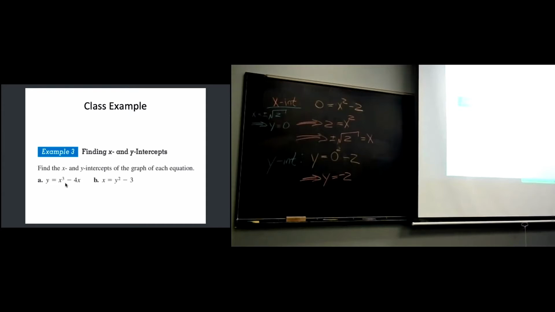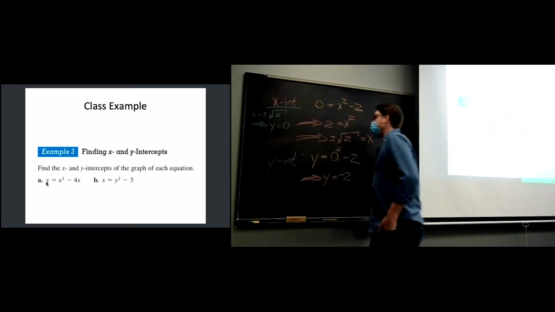So let's say we wanted to find the intercepts of A. How would we go about doing that? What are we going to do here? Okay, absolutely. Set x equal to 0, and that's going to let us find which intercept?